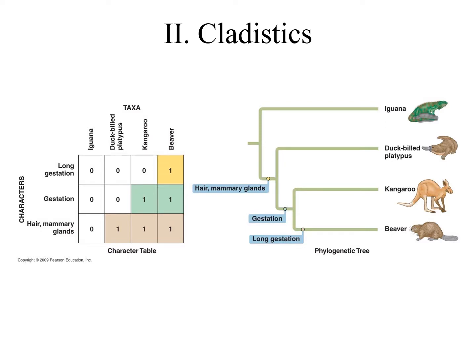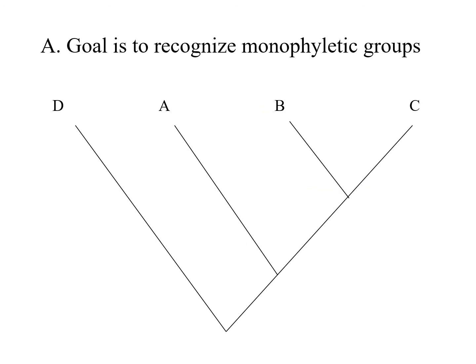All right, so how was that previous tree generated, right? What was the basis for creating those branching patterns? Well, there are different schools of philosophy within systematics, and there are different algorithms used to take raw data and generate trees. And we're going to learn a little bit about a systematic approach called cladistics.